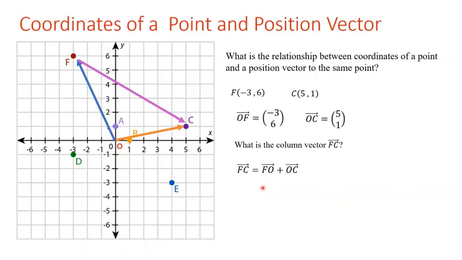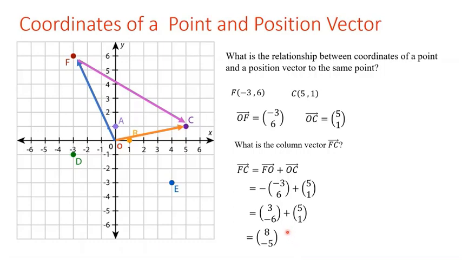What do we do? We use our idea of negative or inverse vectors, where we multiply our position vector OF by -1. So our signs will change, and we'll go ahead and add them.